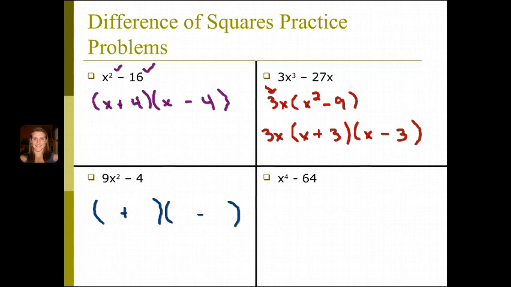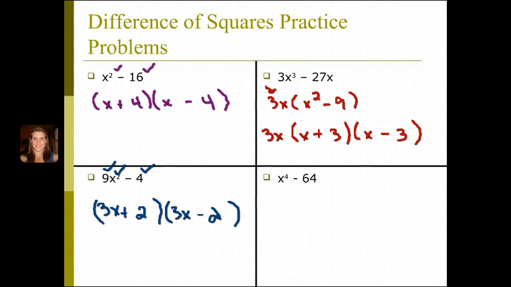So the square root of our coefficient 9 is 3. But it was also paired with an x, so we have to keep the x with it because the square root of x squared again is x. If we do it to one, we have to do it to the other. So 3x goes in the front of both sets of parentheses. The square root of 4 is 2. So we should have 3x plus 2 and 3x minus 2.